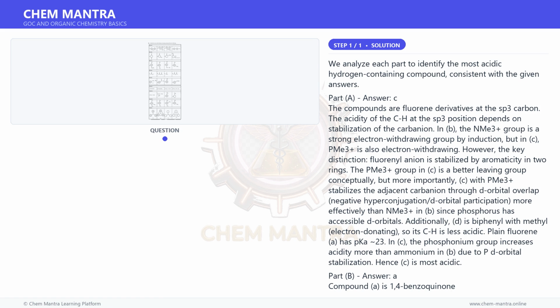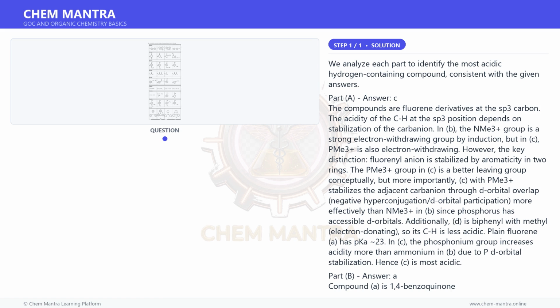Part B. Answer A. Compound A is 1,4-benzoquinone, cyclohexa-2,5-diene-1,4-dione. Although it appears to have no typical acidic CH like a beta-diketone, among these options we must consider B, 1,3-cyclohexanedione, which has alpha CH between two carbonyls, pKa 5-7.